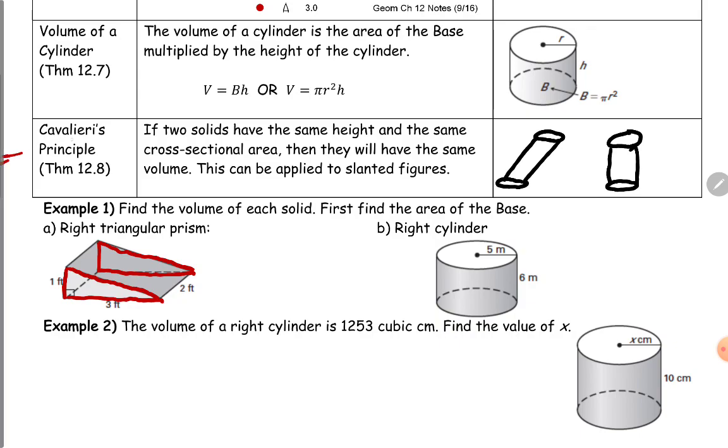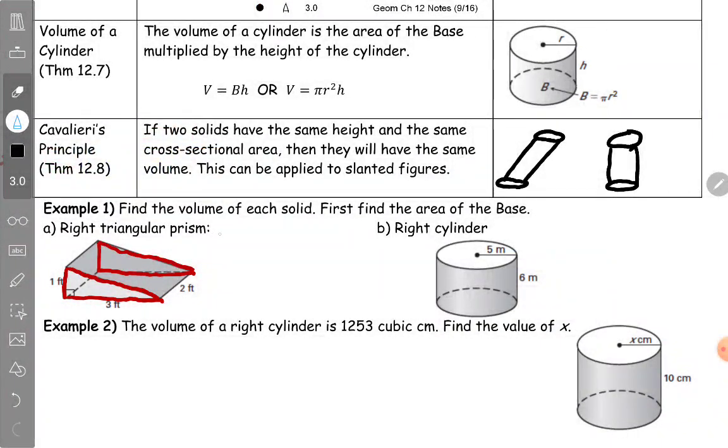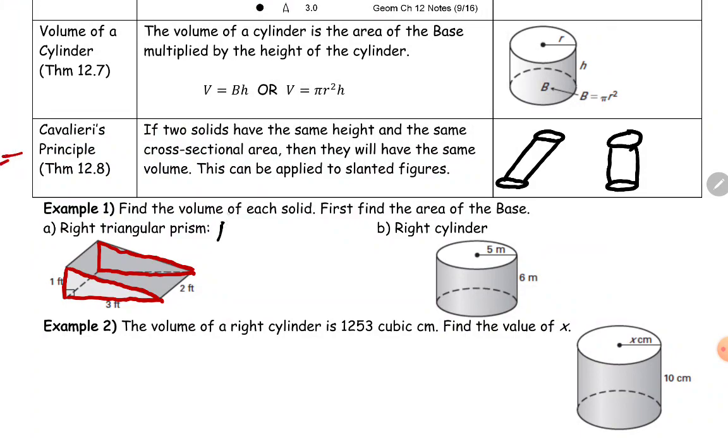So our formula goes like this. Volume equals the area of the base times height. So the area of the base is a triangle, so 1/2 little b times the height of the triangle times the height of the object. So I put two different h's in there.